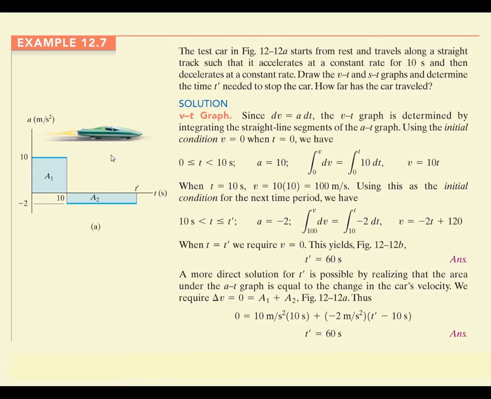In this case, the acceleration is going to be minus 2, and the velocity is going to be minus 2t plus 120.